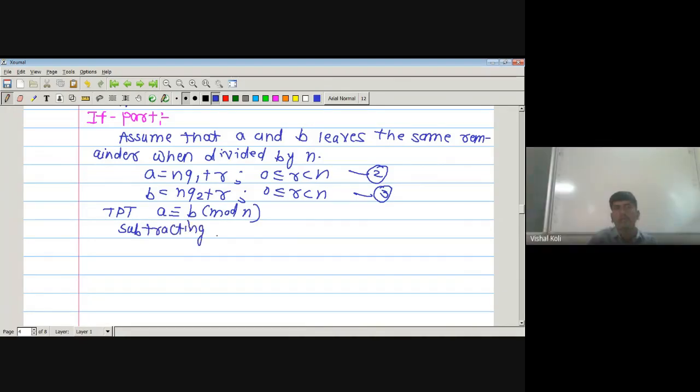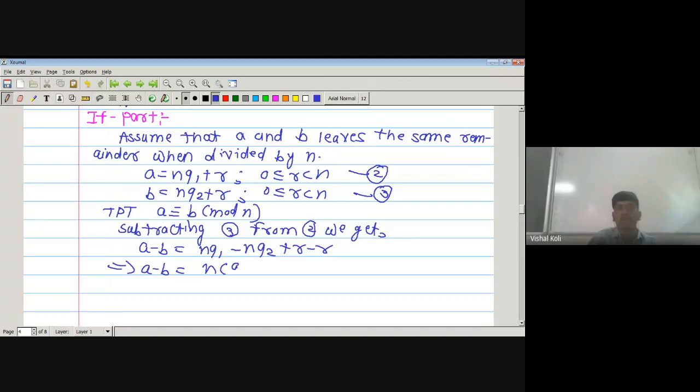Subtracting 3 from 2, we get A minus B is equal to n q1 minus n q2 plus r minus r, which is nothing but A minus B is equal to n into q1 minus q2, where plus r and minus r get cancelled.